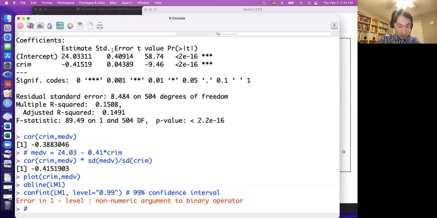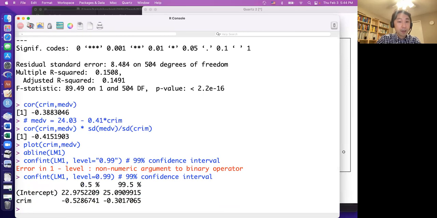Confidence interval level. I think this shouldn't have a quotation symbol. Before the confidence interval for the entire region, there is the confidence interval for each coefficient. So we have estimated this regression model, and 24.03 is the intercept, and we want to have the band for this intercept.